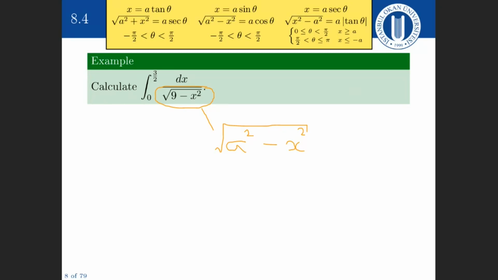So in our integrand, we have the square root of 9 minus x squared. That looks like the square root of a squared minus x squared. So I'm going to be using this middle substitution.